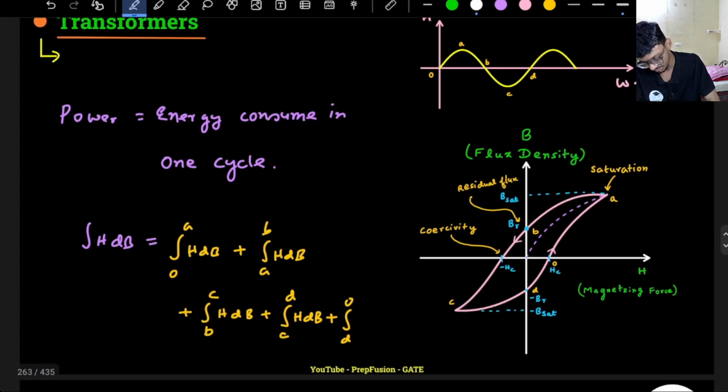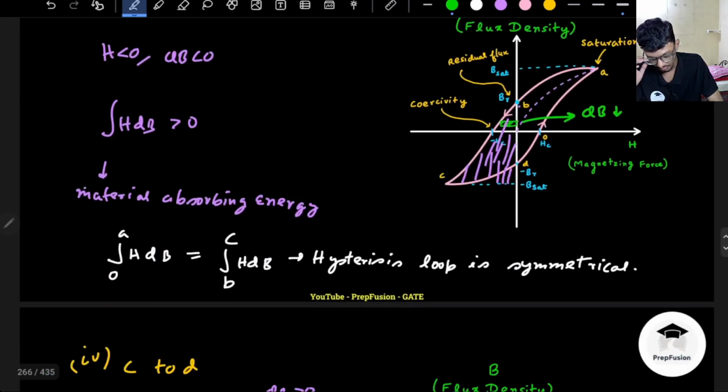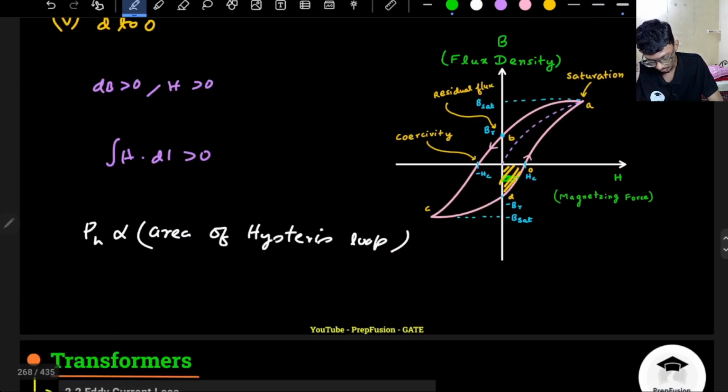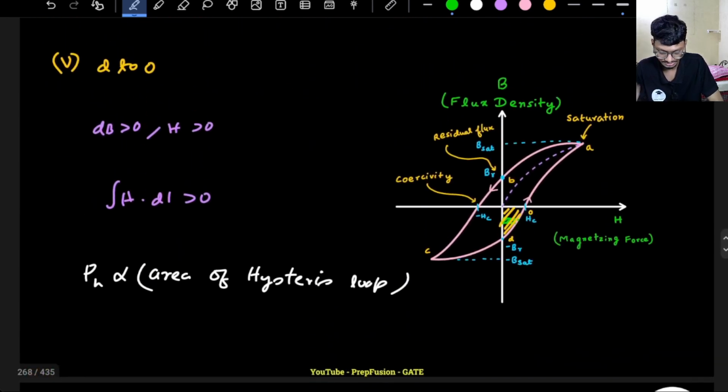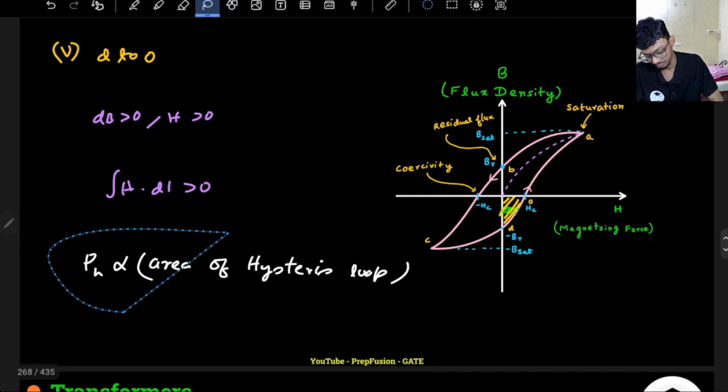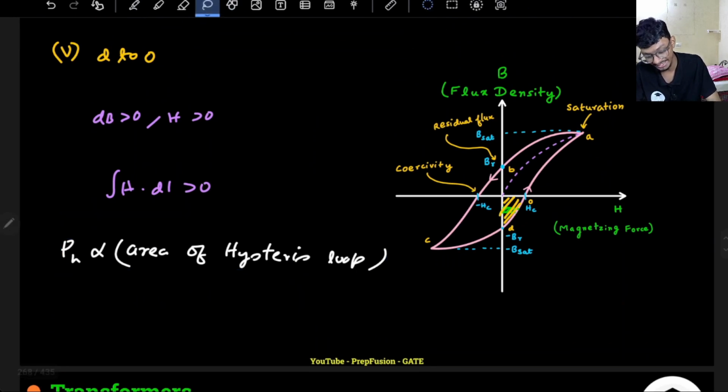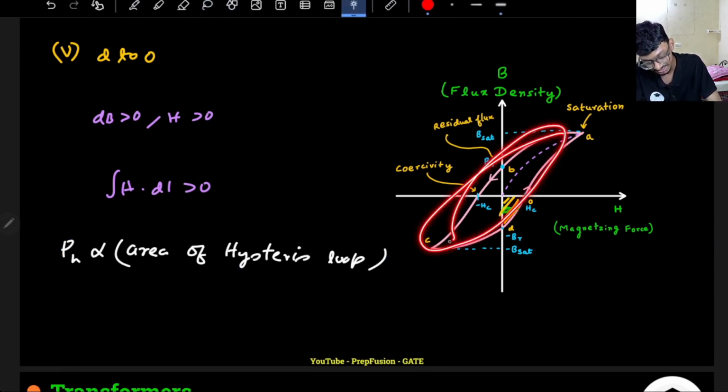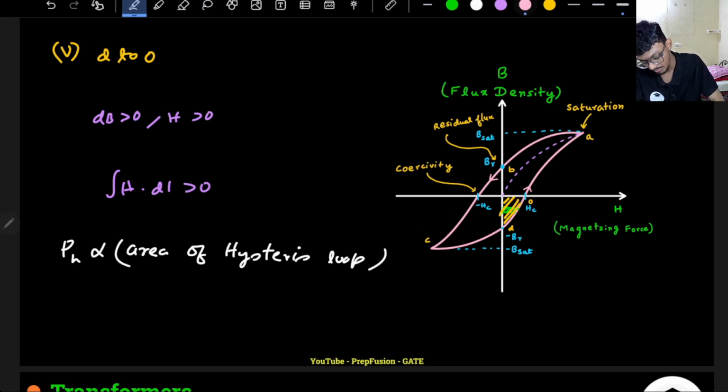So this whole thing, H dB, will be multiplied with the volume everywhere. So my hysteresis power loss will be proportional to the area inside the hysteresis loop times the volume of the core.